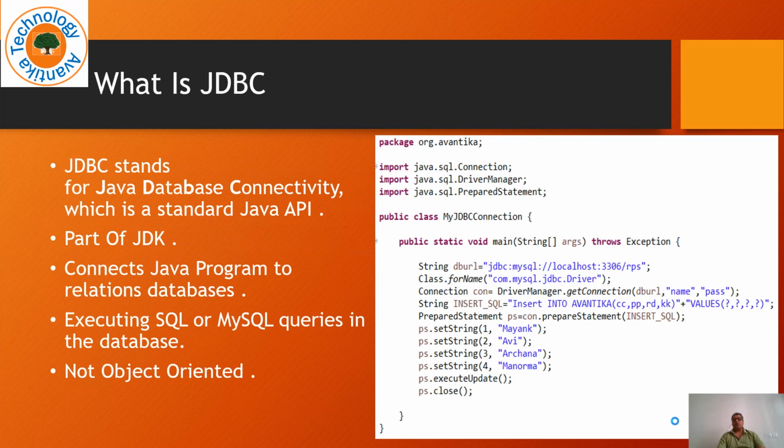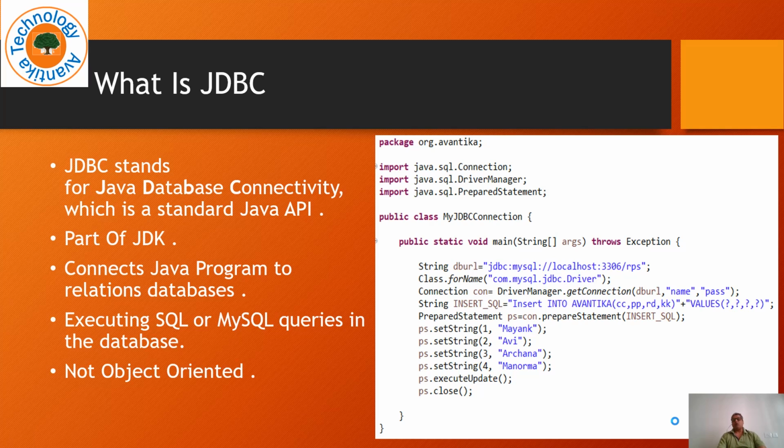If you see what we used to do in JDBC, when we are writing the JDBC code, JDBC basically stands for Java Database Connectivity, which is a standard Java API. JDBC is a part of the JDK basically.